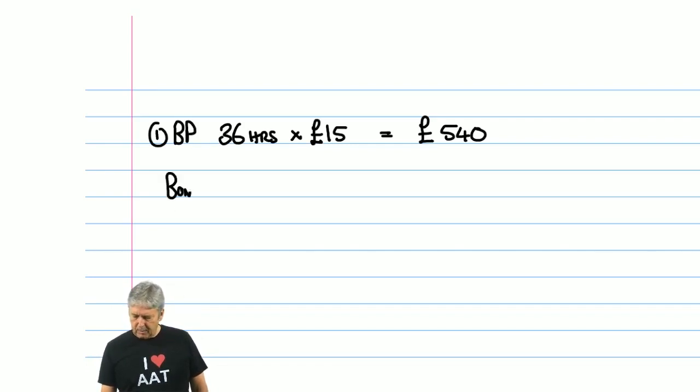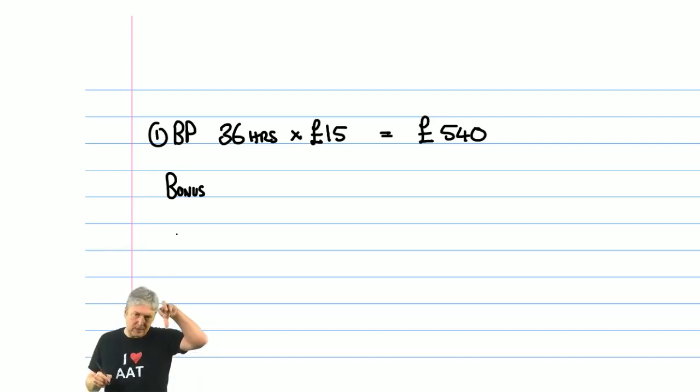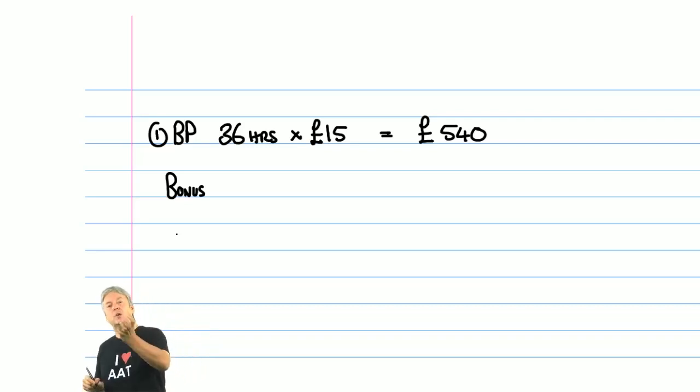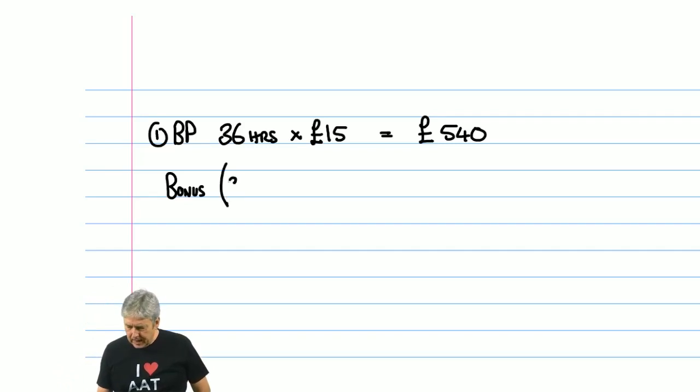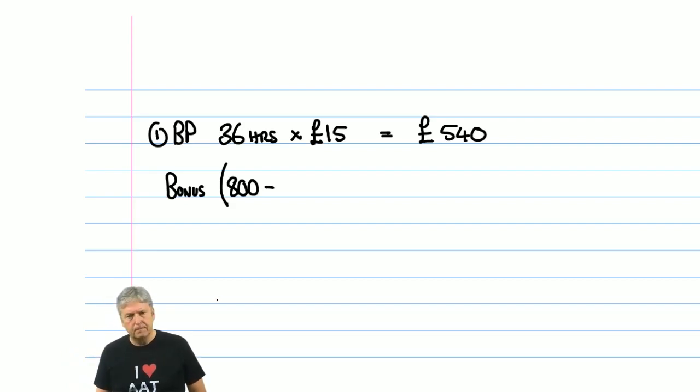Now look at the bonus. What we want to do is look at how many units they did produce compared to how many units we expected them to produce. So they actually produced 800 units. That was the actual production. How many units did we expect them to produce, given the number of hours worked?